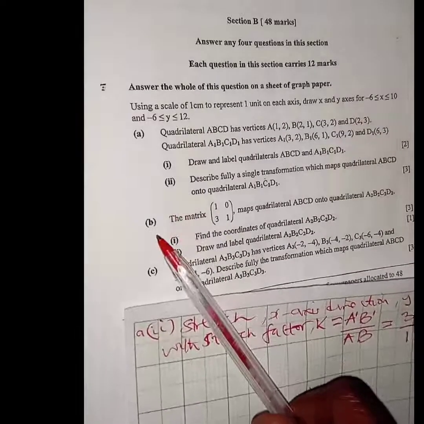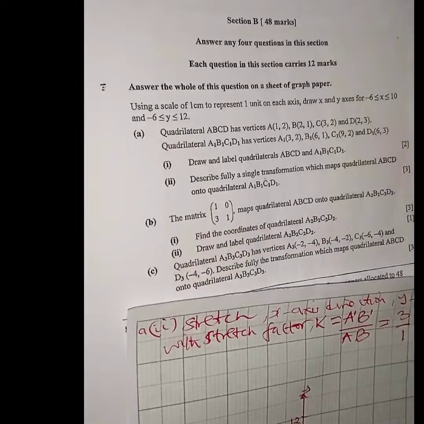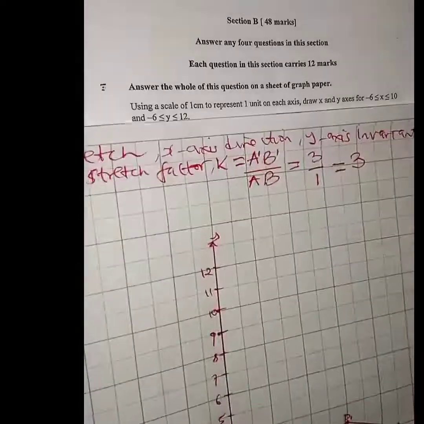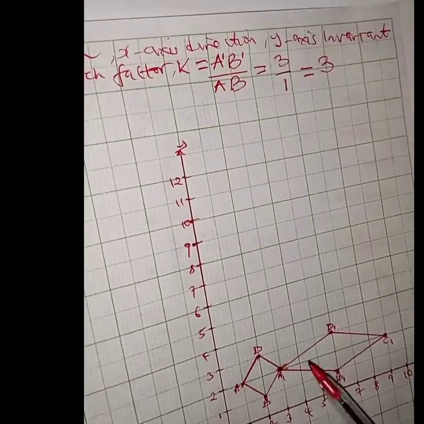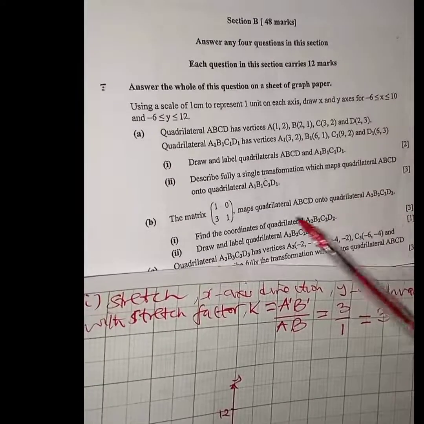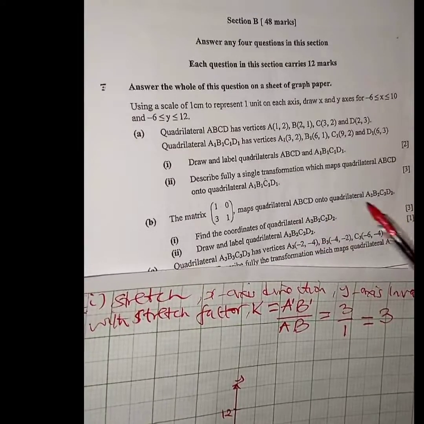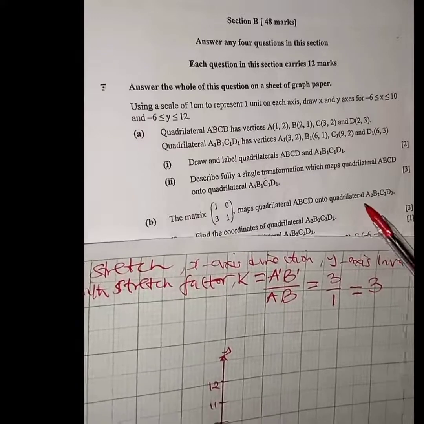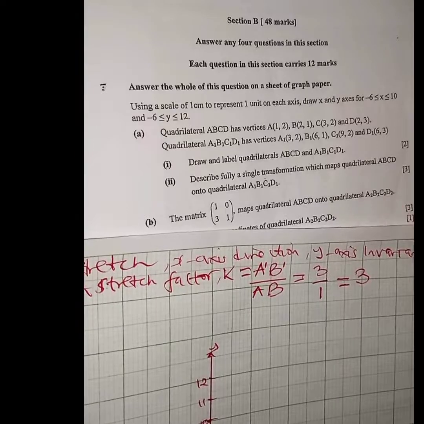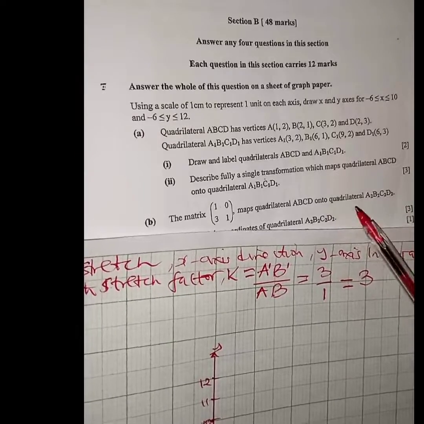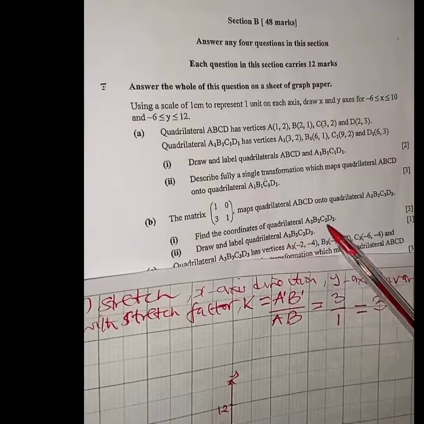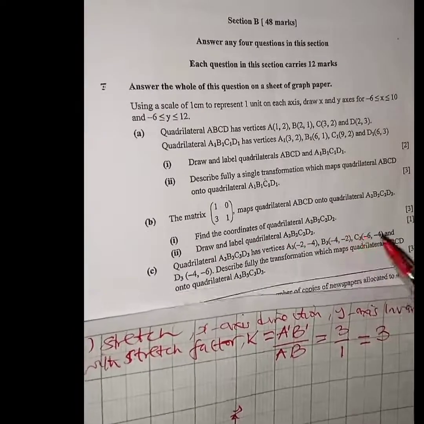Then (b), the matrix (1 3; 0 1) maps quadrilateral ABCD onto quadrilateral A2B2C2D2. A quadrilateral is a four-sided shape. So find the coordinates of quadrilateral A2B2C2D2.